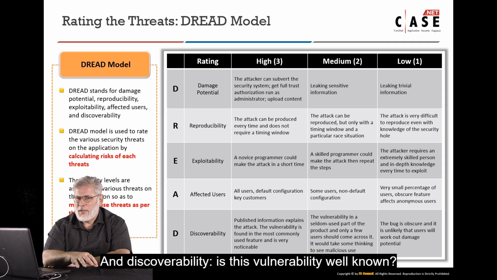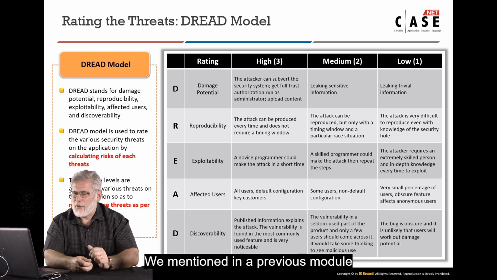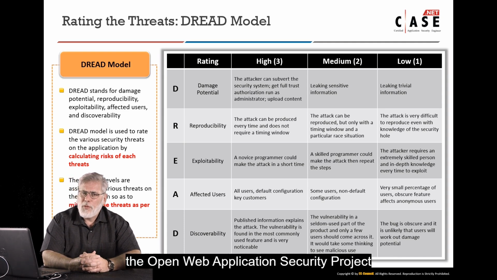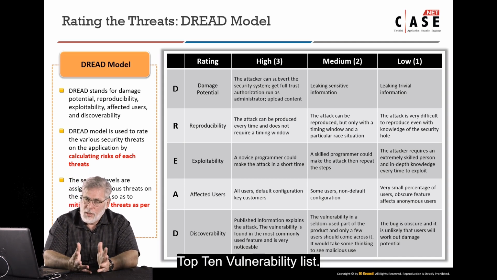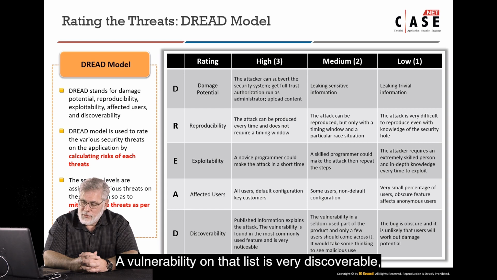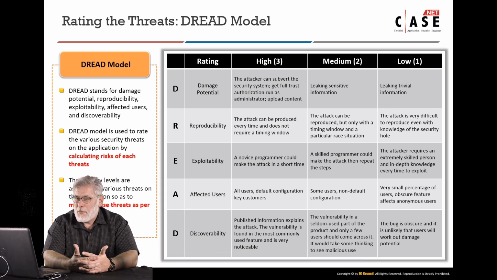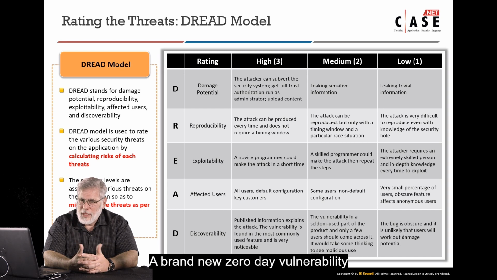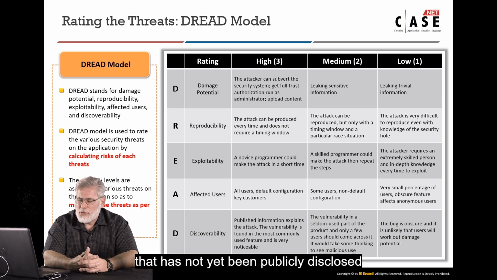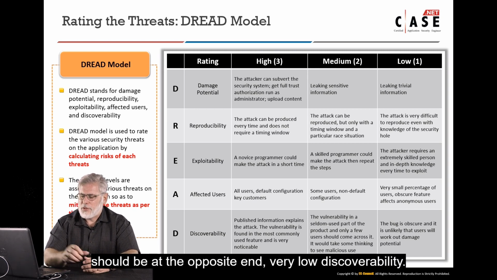Is this vulnerability well known? We mentioned in a previous module the Open Web Application Security Project Top 10 Vulnerability List. A vulnerability on that list is very discoverable. Most people already know about it. A brand new zero-day vulnerability that has not yet been publicly disclosed would be the opposite end, very low discoverability.